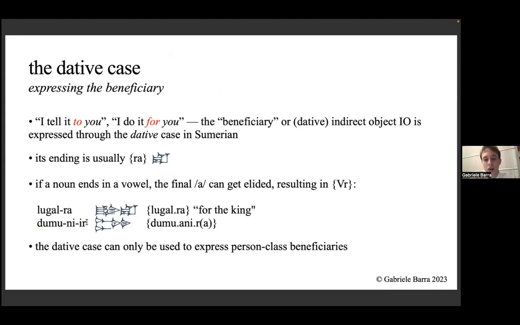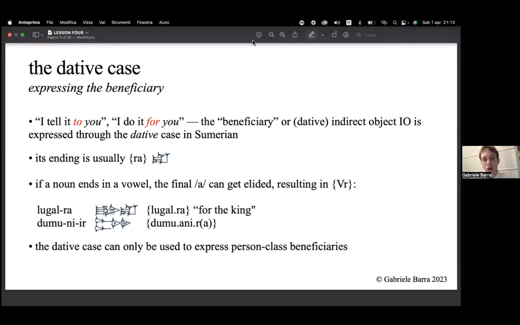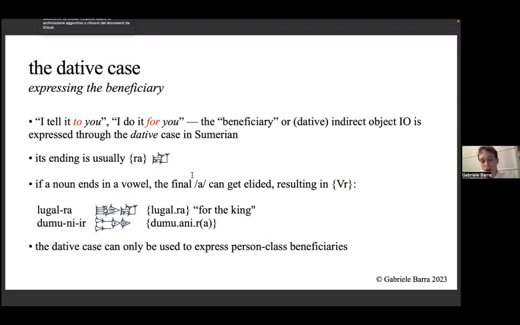So the rule of thumb is, if the noun ends in a vowel, you take away the a, and you are left with vowel and then an r. So again, if it were dumu ra, it would probably be written as dumu ur. So vowel r. Is it clear now?